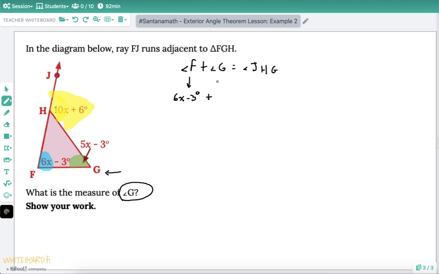And angle G is the green angle, and that's represented by 5x minus 3. And we have angle GHJ, which is represented by 10x plus 6. Very important to keep the signs the way they go.